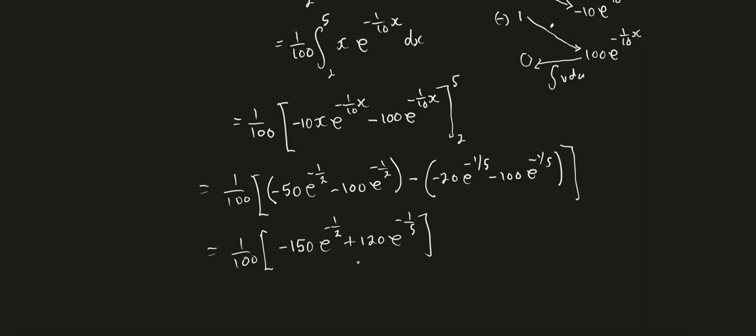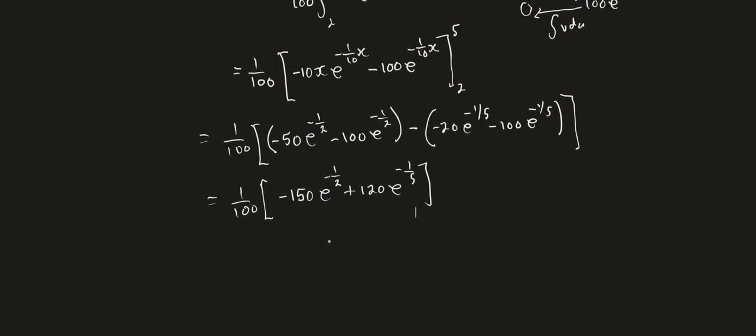And then when I distribute the 100, I'm going to write the positive term first. So I would have 120 over 100, that's 6 over 5, so this is 6 over 5 e to the negative 1/5, and then minus 150 over 100, that would be 3/2, and then e to the negative 1/2.